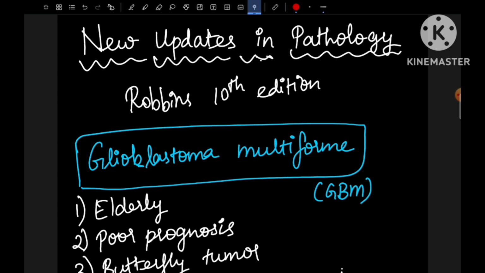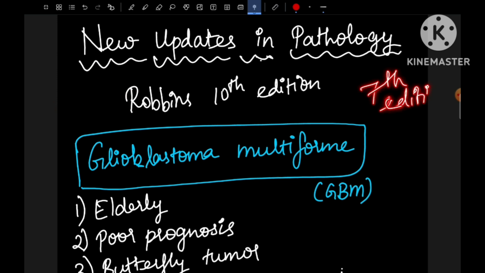Even I know one professor, a surgery professor. She said that she read Bailey's 7th edition. Still now, she used to refer to that 7th edition only.